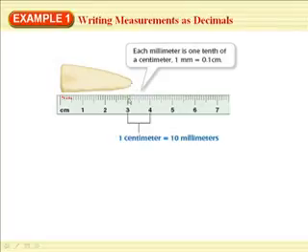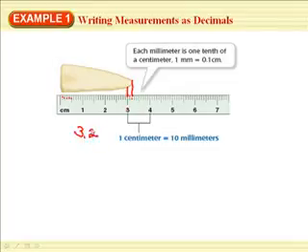This one, it says it's between 3 and 4. It's not exactly 3 because it's a little higher than that. It's about right there, which is the second one. And there's 10 between here. So you count 1, 2, it would be about 3.2 because there's 10 millimeters in a centimeter.